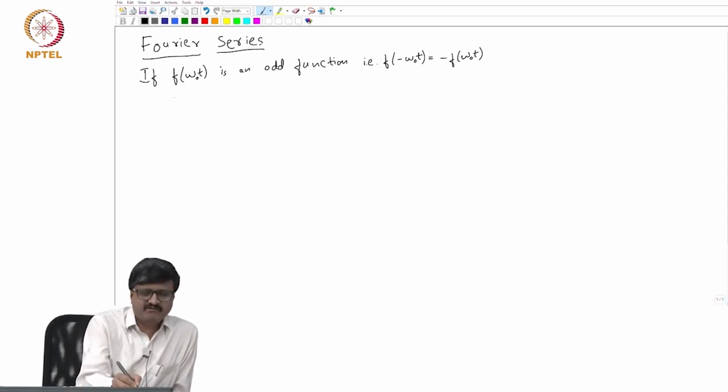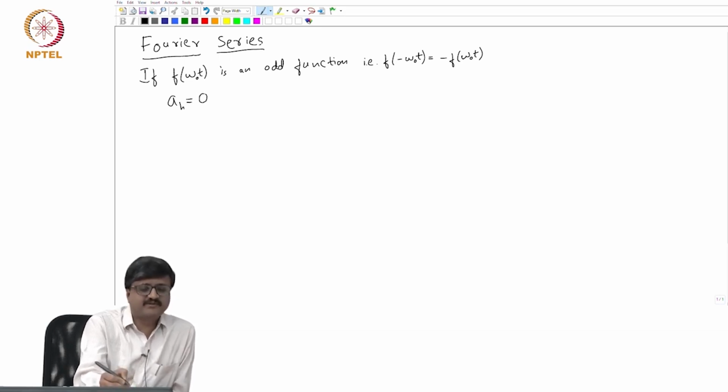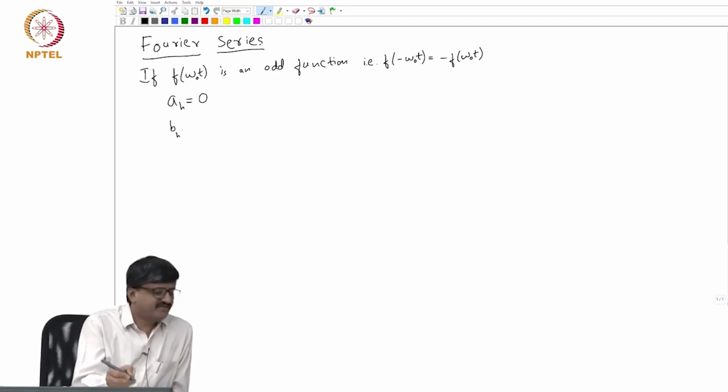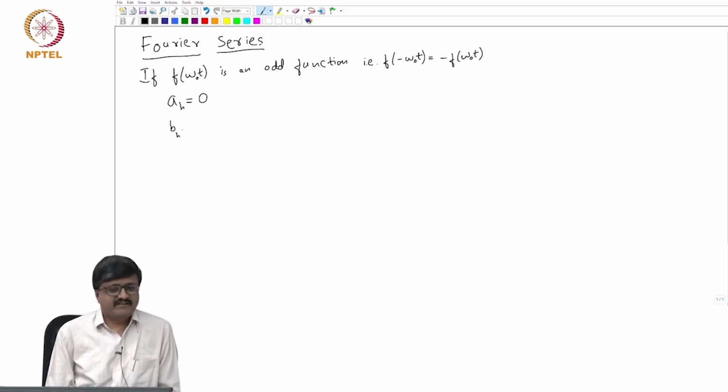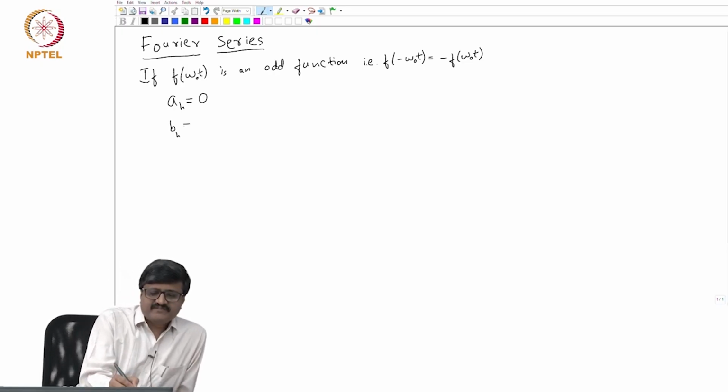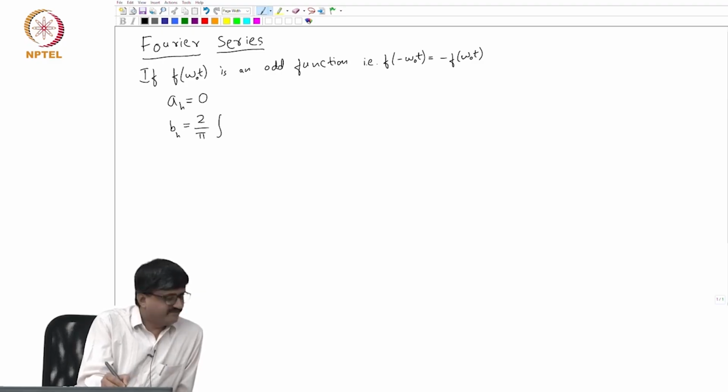If at all you recall, A h is 0 in the case of odd function. One has to find only B h, and there is a further simplification in the computation of B h. One need not integrate over the full cycle of 2 pi radian; one has to integrate only for a duration of pi radian.